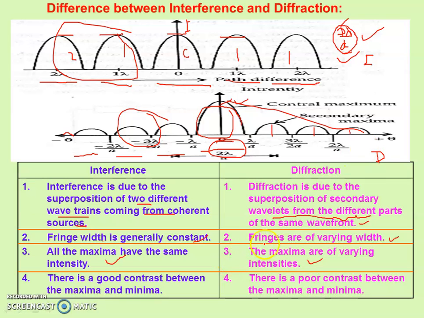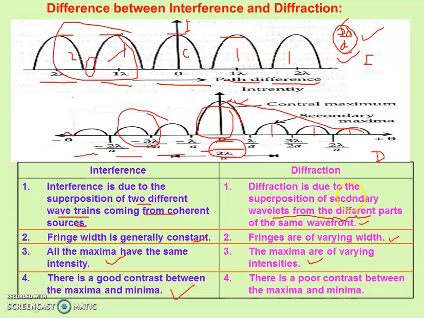Next, there is a good contrast between maxima and minima. Good contrast means the bright band has the highest brightness and the dark band has the lowest intensity. Whenever the highest and lowest meet each other, we can perfectly distinguish them, or it is noticeable.